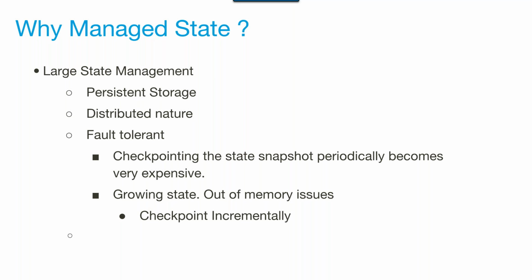So these are a couple of issues we face in the operator. The solution to fix these issues is incremental checkpointing. That means a checkpoint, instead of saving the complete state, will save the difference between the two checkpoint states.